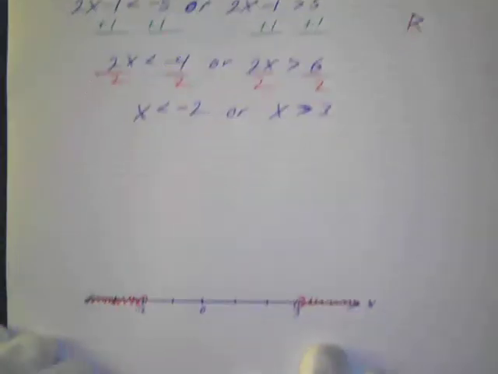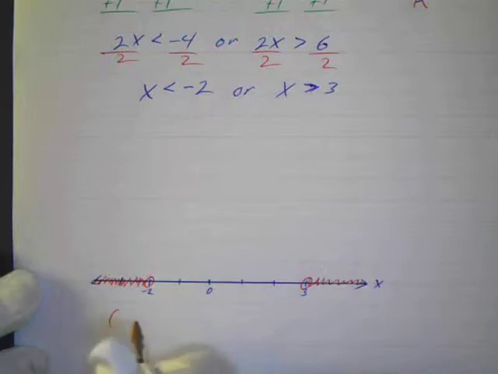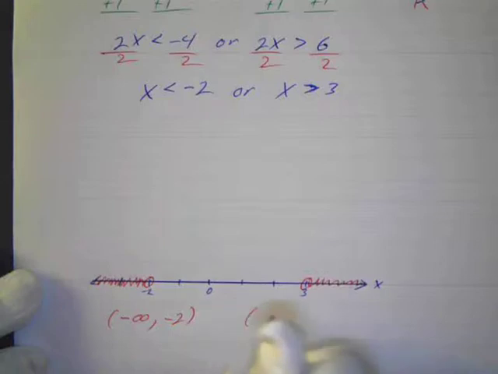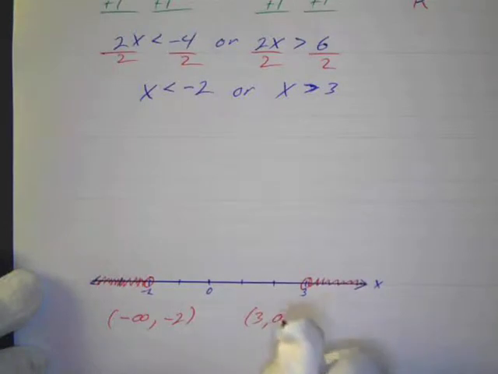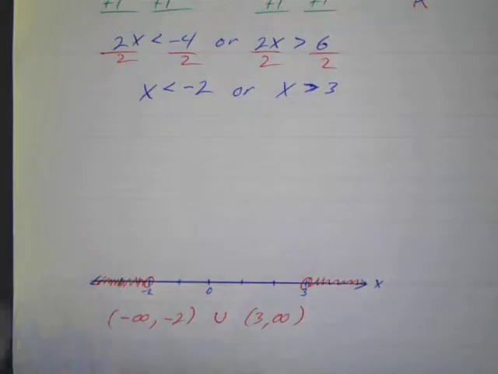We can also use interval notation, and this is going to be negative infinity to negative 2, and 3 to infinity, and if we want to say it's this or this, we can use the union symbol. And there's your solution.